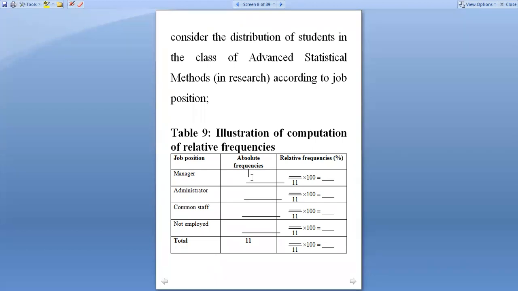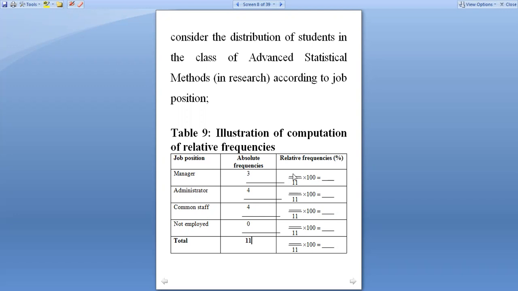Let me say that the managers are 3, the administrators are 4, the common staff are 5, and the not employed are 0. What is the total there? It is 12, eh? Let me say 4 here. Reduce it. So the total now is 11.